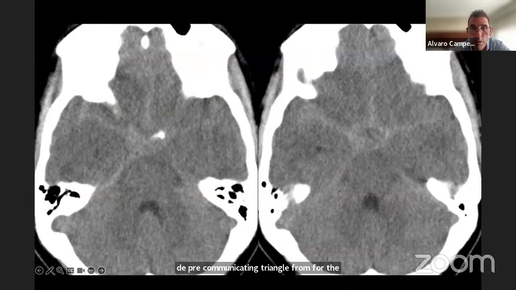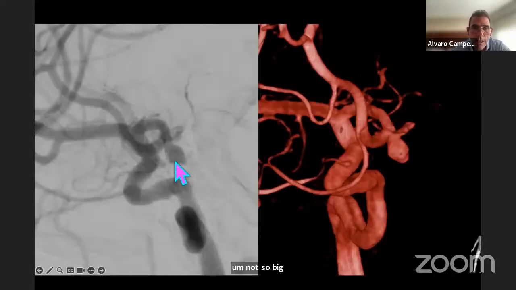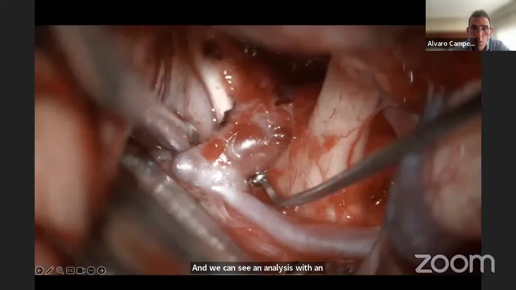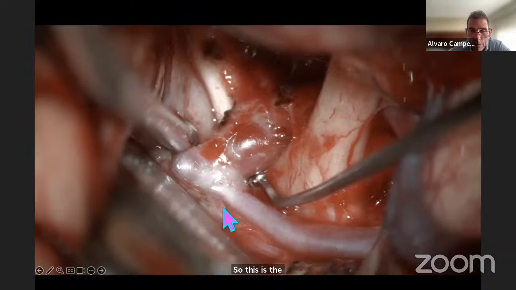We are going to see some examples. With a not so big subarachnoid hemorrhage, we can see an aneurysm with an anterior projection. So this is the ipsilateral A1. This is the ipsilateral recurrent artery.